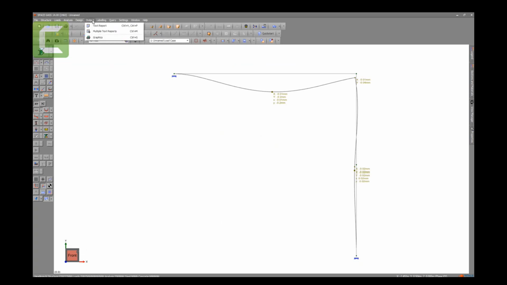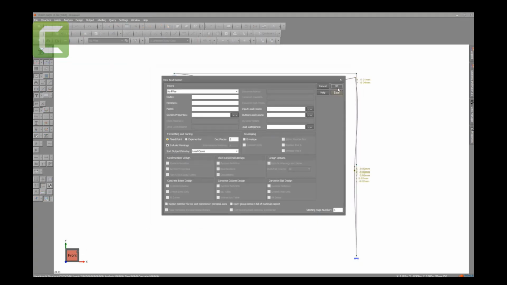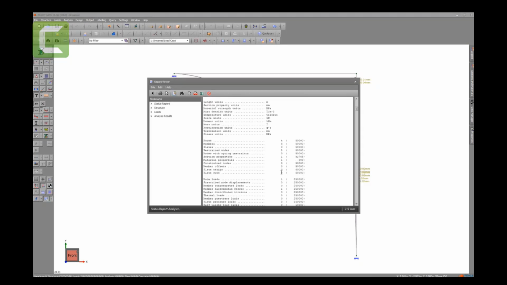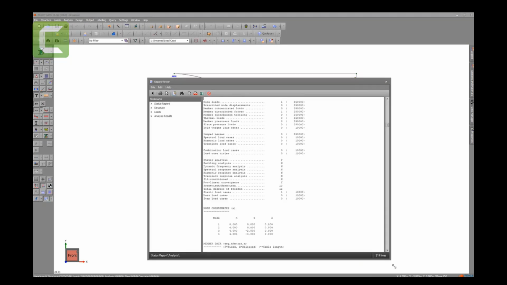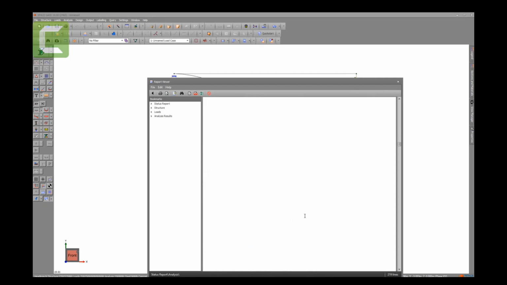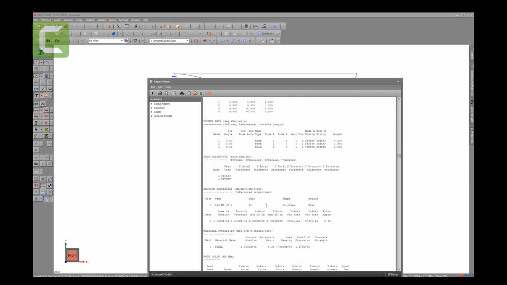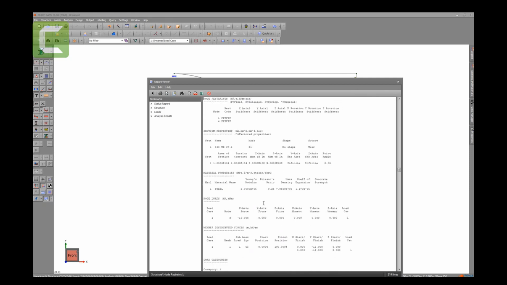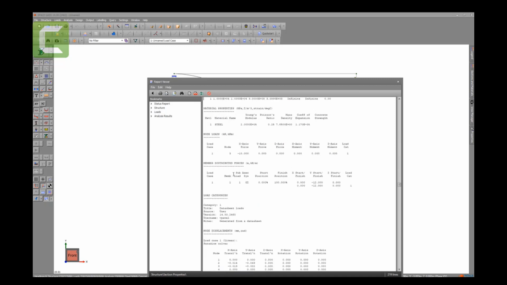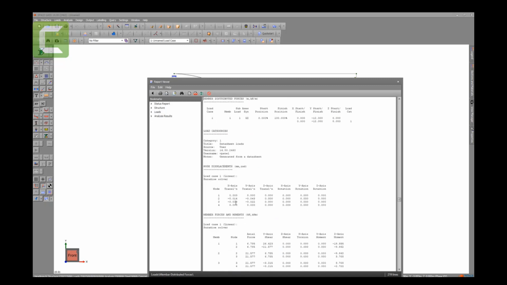If you go to the output and text report, you might get some values. If you go to the displacement, node restraint, section property, material property, node load, material distributed force, node displacements. So I think there is load case 1 linear.